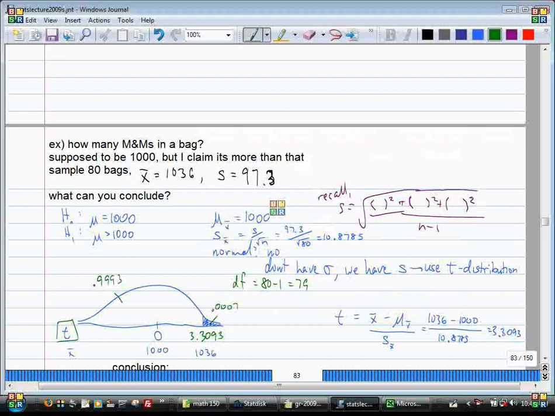Now say it in English. There are more than 1,000 M&Ms in a bag on average. And what's your p-value? 0.0007. And we say we reject H0, accept H1 with 0.9993 confidence.